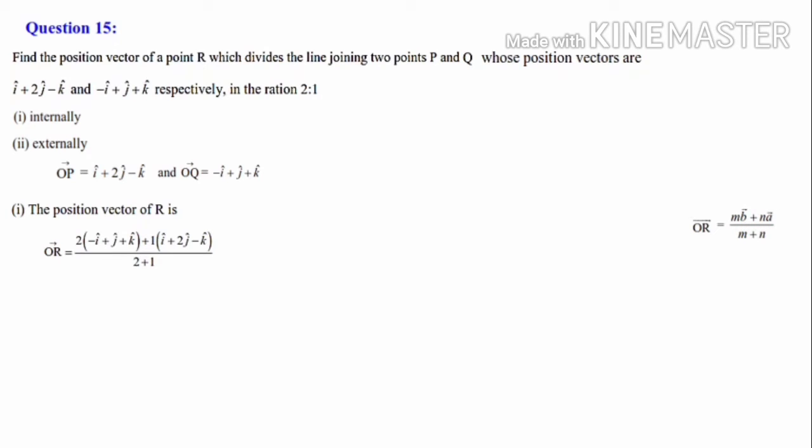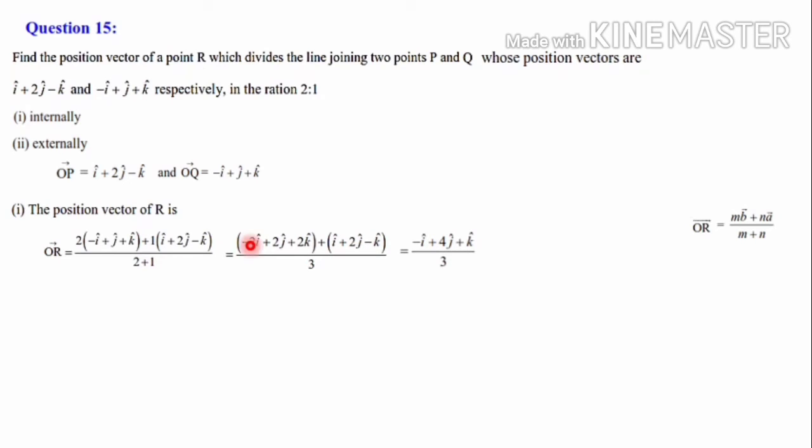So 2 into the second vector, minus i cap plus j cap plus k cap, plus n, which is 1, into the first vector, i cap plus 2j cap minus k cap, divided by m plus n, that is 2 plus 1. Let's multiply 2 inside: minus 2i cap plus 2j cap plus 2k cap, plus the same vector i cap plus 2j cap minus k cap, divided by 3.